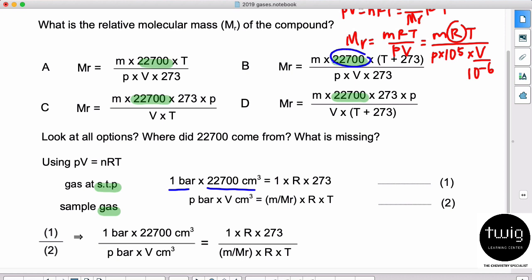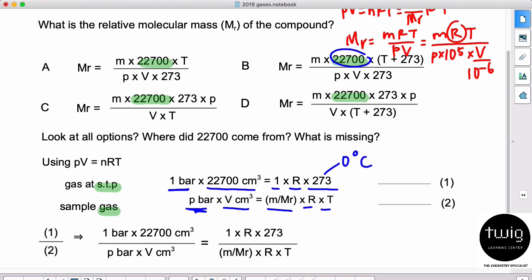I'm trying to fit the answer to the MCQ. 1 mole of gas, R, and this is 0 degrees Celsius, so it's 273 Kelvin. I do the same for the gas, using P bar, since the question also gave bar. Volume is in cm cube, the same unit. Mass m over Mr, R and T.